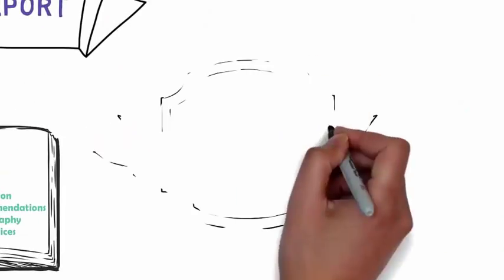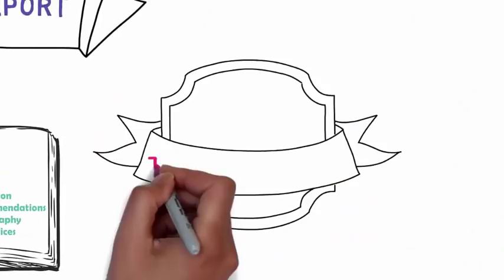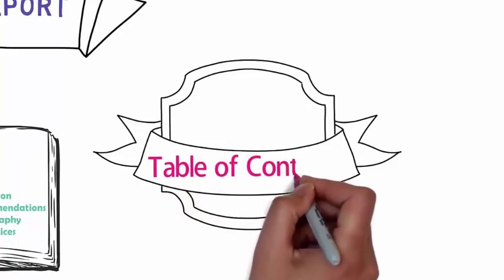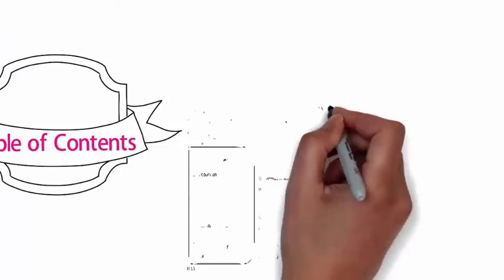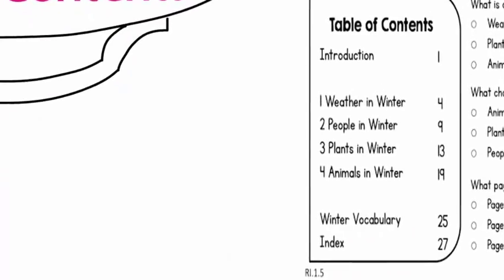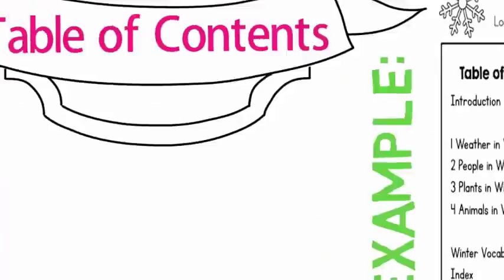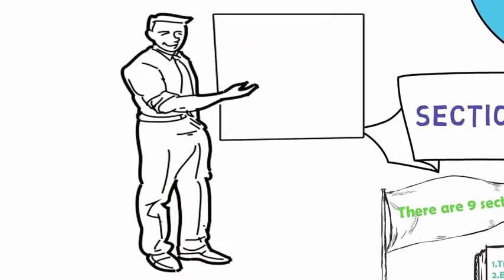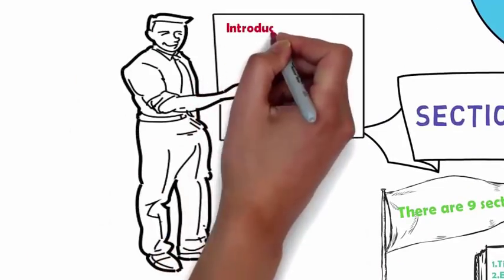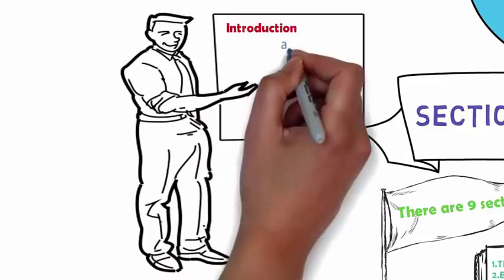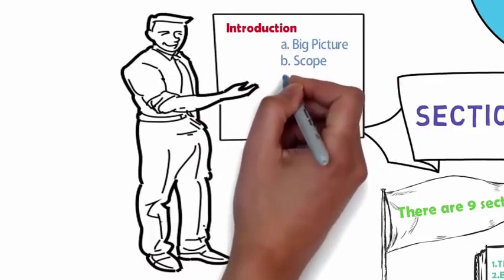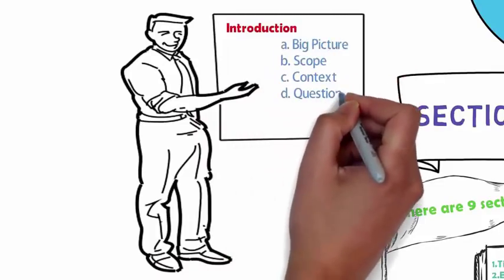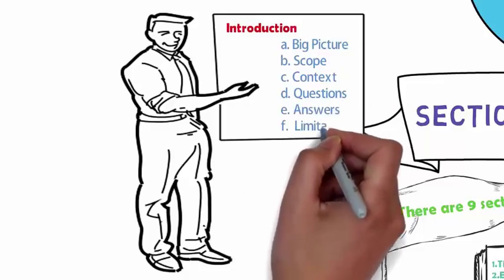Next is the table of contents, that is a well-formatted list of all the sections and subsections of the report. The first major section is the introduction. It provides a broader picture of the whole report, its scope, its background, probing questions and limitations of your report.